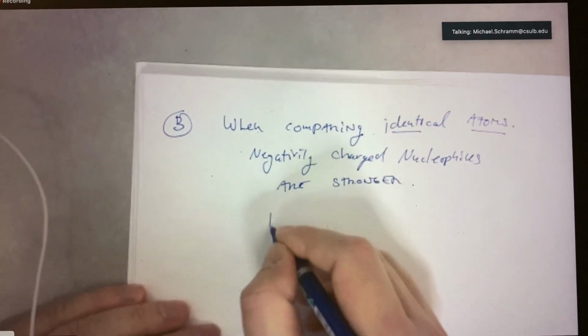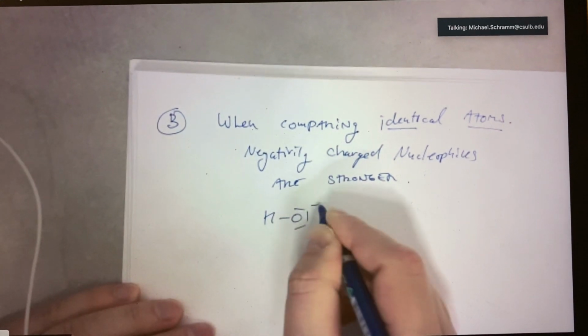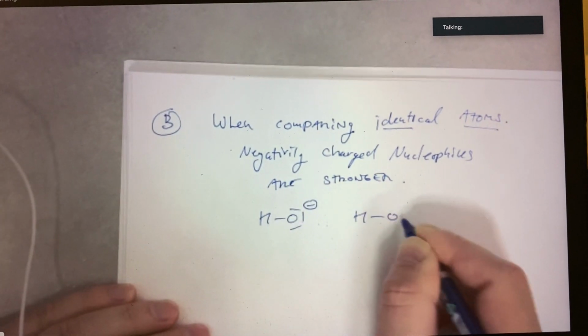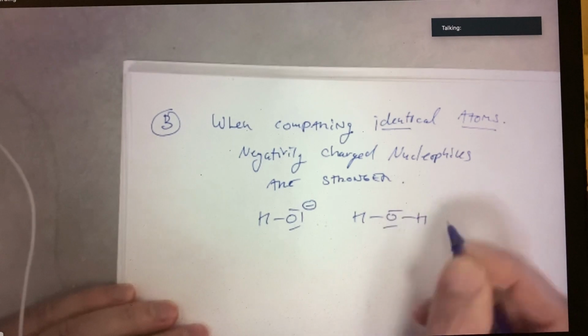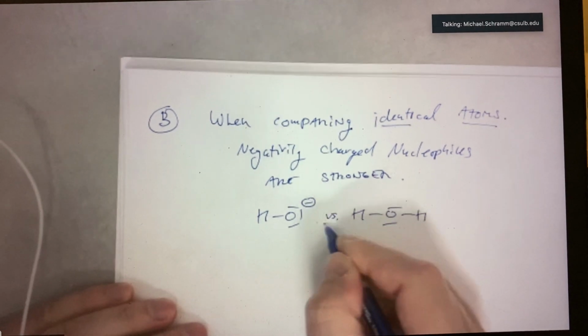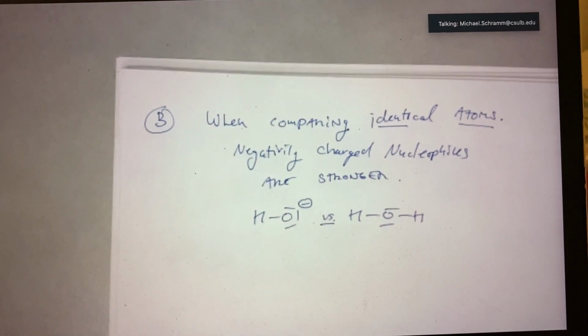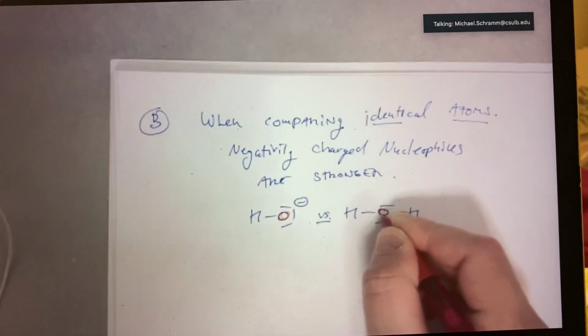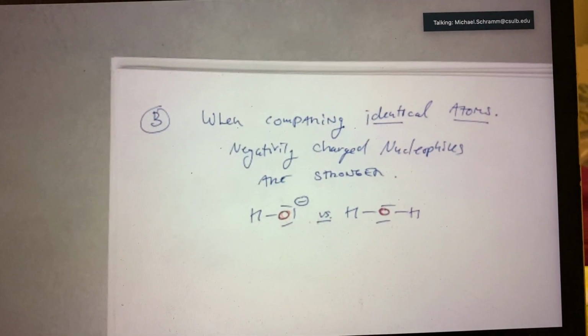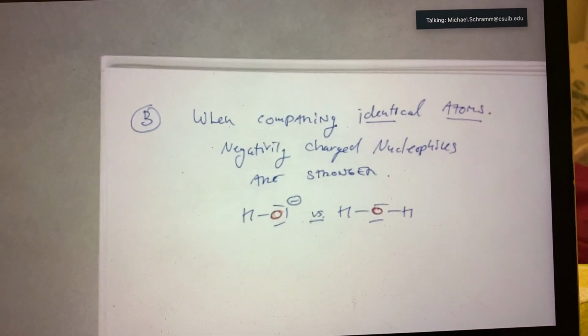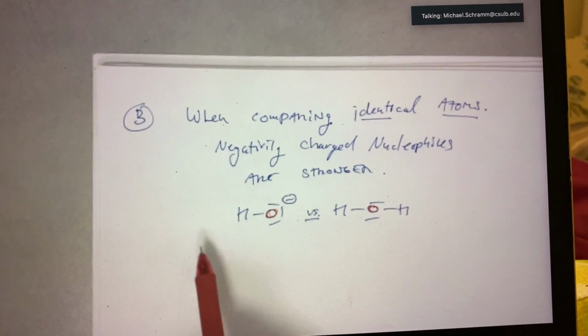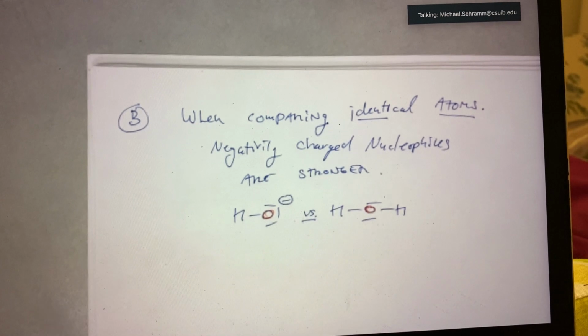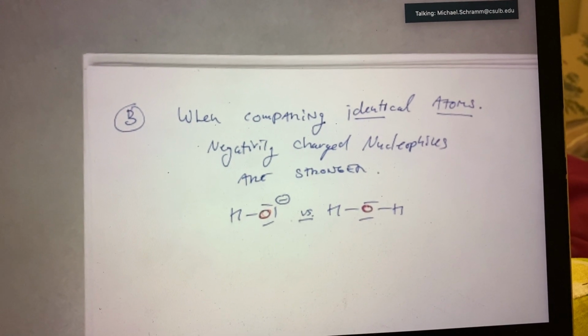Here's what I mean by this. If we're comparing these two molecules, the nucleophilic atom in both cases is obviously oxygen. It has electron pairs to share. Hydrogen does not. So if we were reacting some substrate with these two nucleophiles, one would be much faster than the other.